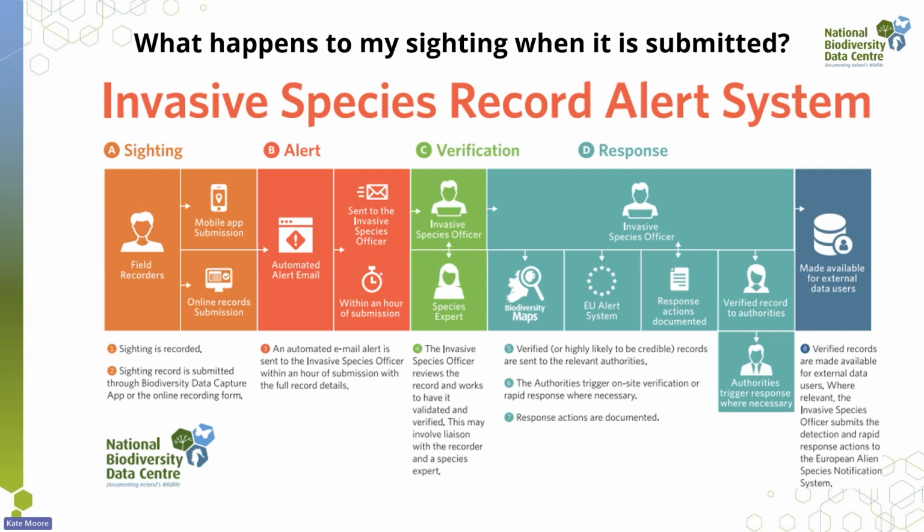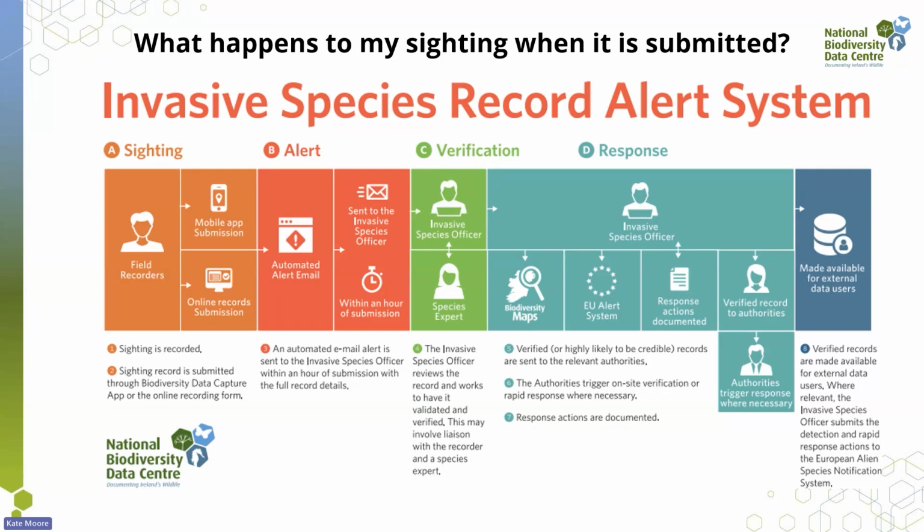Experts may then be consulted if we are not able to verify the identity of the species here at the data centre. Verified sightings are added to the National Invasive Species Database, and these are then shared on biodiversity maps, and they may also be shared with global networks like GBIF.